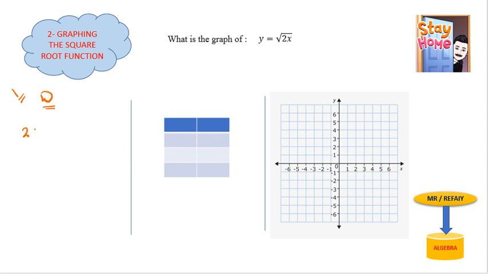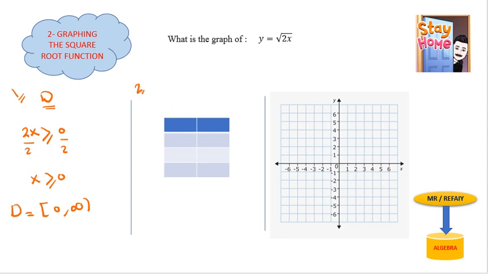So 2x is more than or equal to 0. Divide each side by 2. So x is more than or equal to 0. So the domain starts at 0 and includes all of the positive numbers. Okay, so this is number 1.